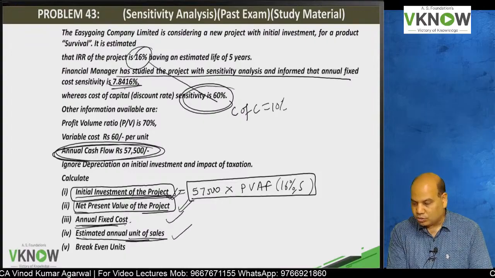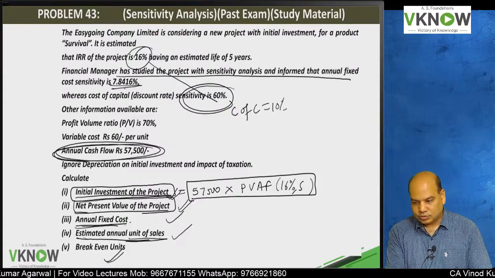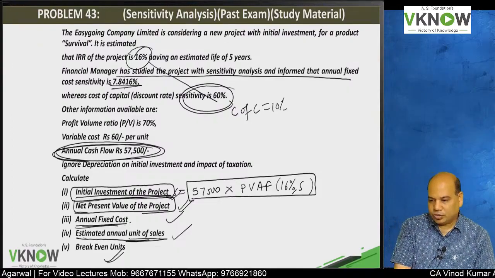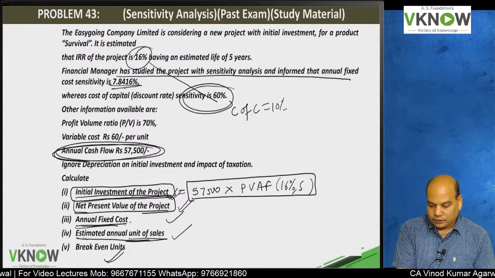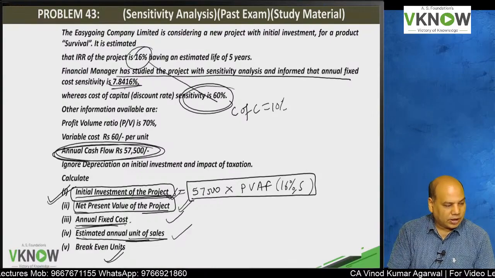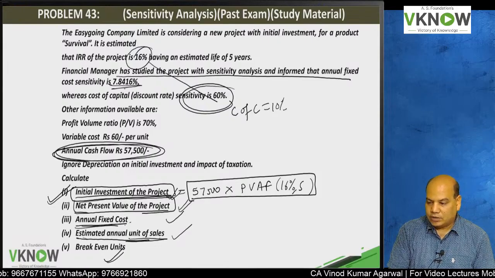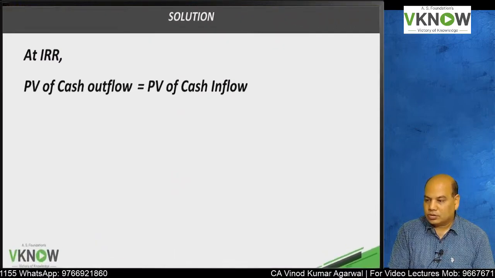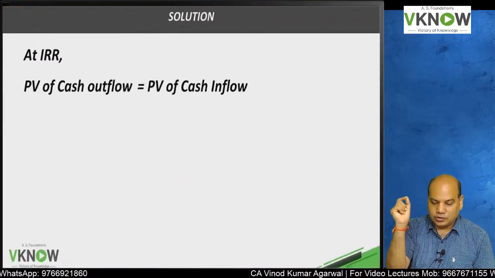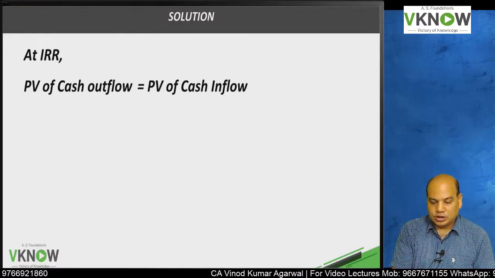All this will require you to solve equations, and then you can compute break even units also. But first thing first, I need to find out initial investment of the project. Annual cash inflow is given, IRR is given, and therefore we can find out PV of cash inflow, and PV of cash inflow is equal to PV of cash outflow, and that is equal to initial investment.